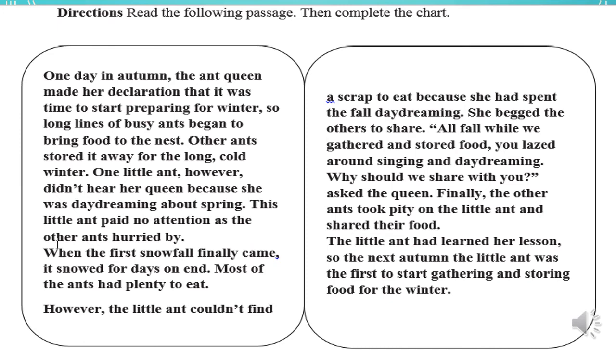Why should we share with you?" asked the queen. Finally, the other ants took pity on the little ant and shared their food. The little ant had learned her lesson. So the next autumn, the little ant was the first to start gathering and storing food for the winter.